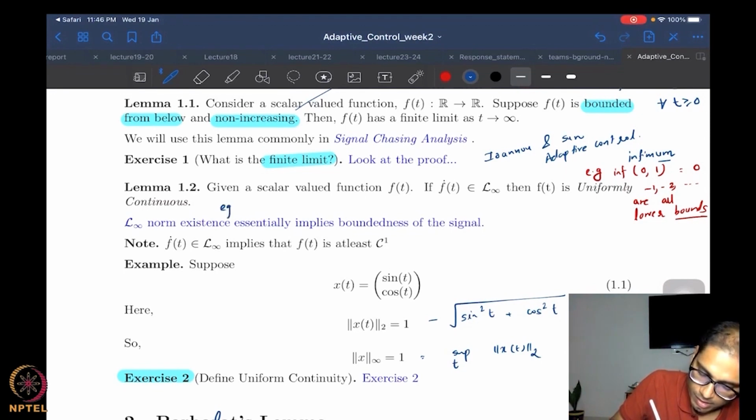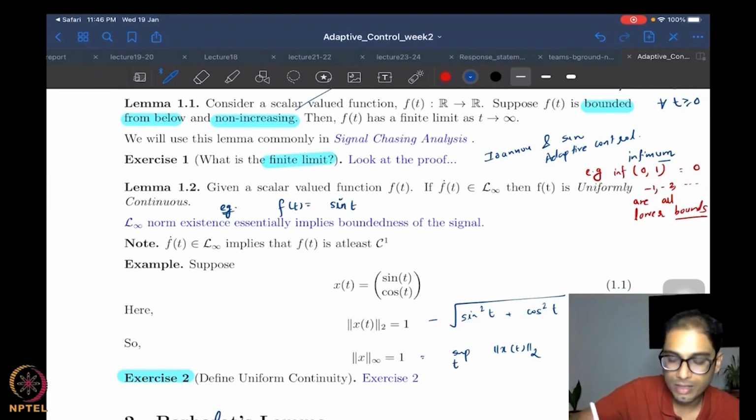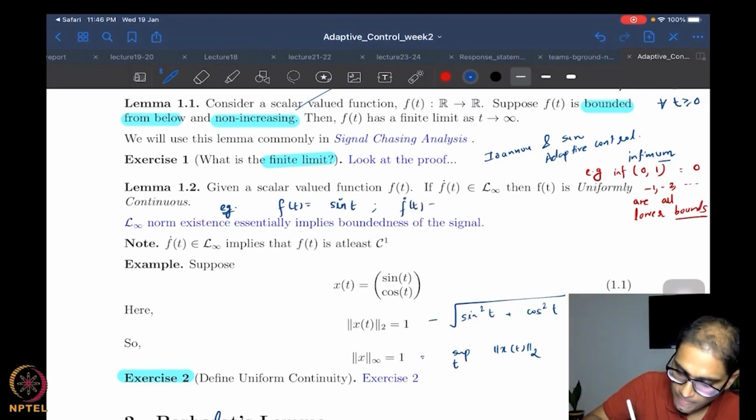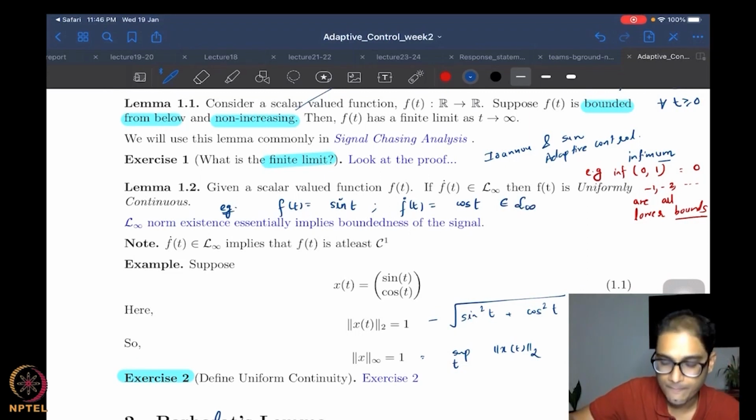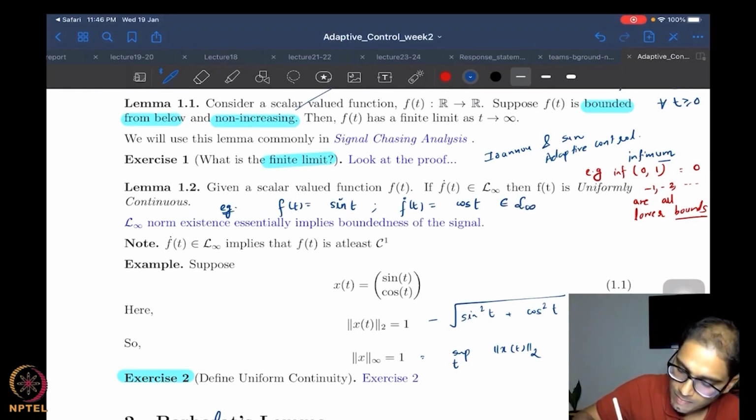If I take f of t as sine t, then f dot of t is cosine t, which is a bounded function. It implies that f of t is uniformly continuous.